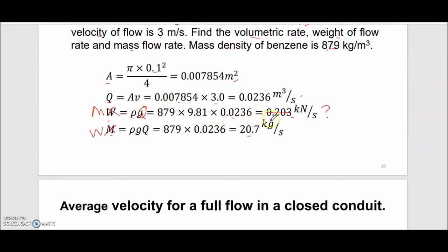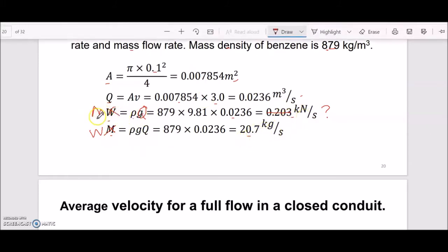This one, 0.203, is the value for W. Okay, there is some error here. So what you need to correct is M equals rho Q. This one has not been calculated yet.